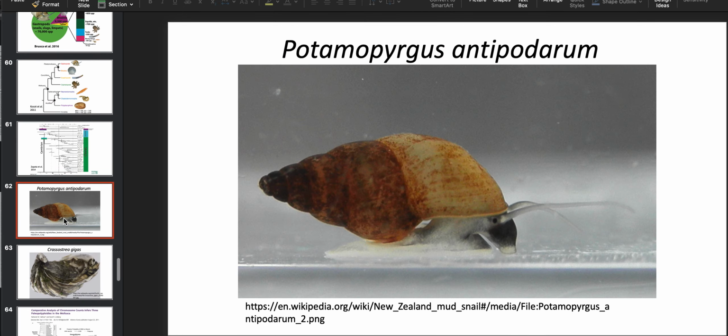Who cares? There are also some pretty famous examples of relatively recent known polyploids. We've actually talked about this little puppy before, the Potamopyrgus antipodarum snail, the New Zealand mud snail. They exist in a lake as partially asexually reproducing snails that are just females, parthenogenic, and partially sexually reproducing snails.